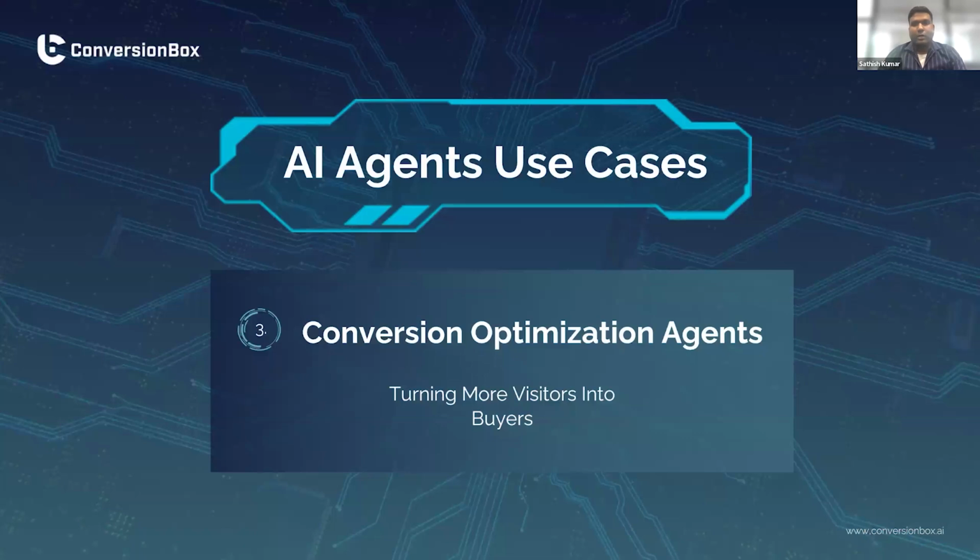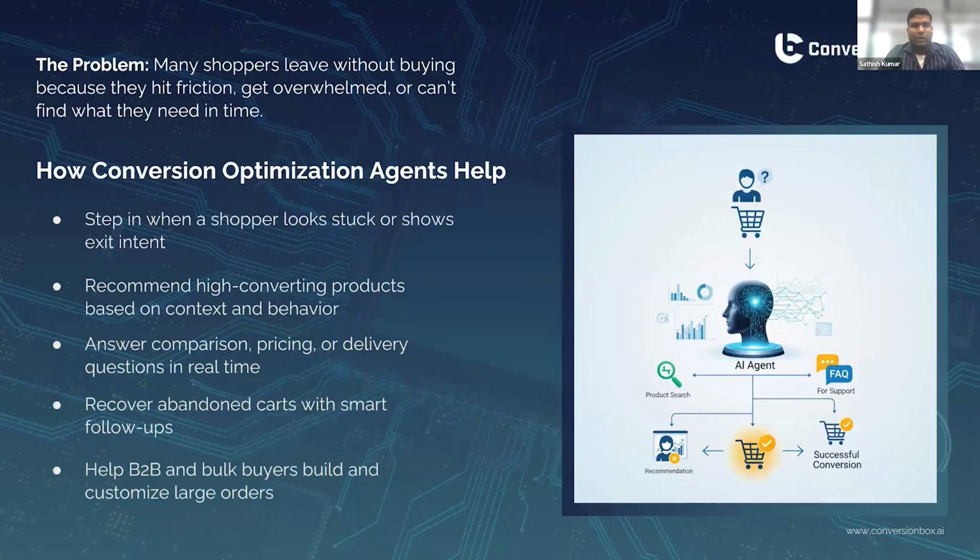The other use case, which is very new to the market, is conversion optimization agents. These are tools that understand user browsing patterns, what they're clicking, and recommend the required changes on the website.